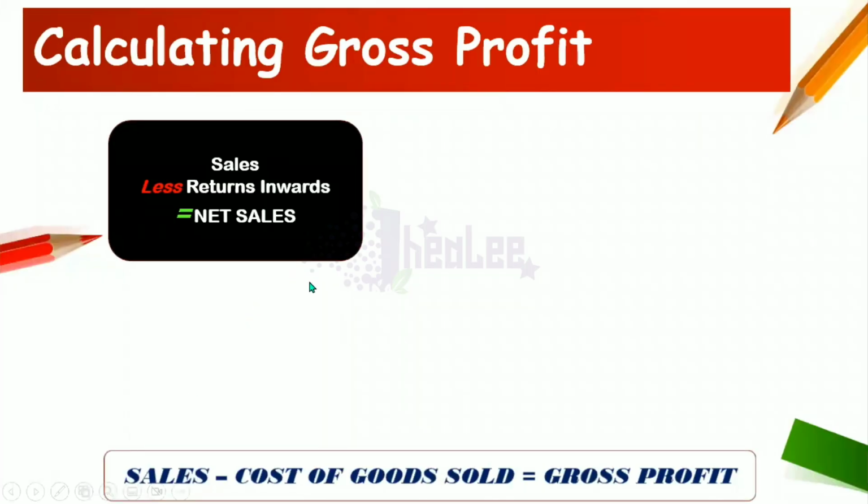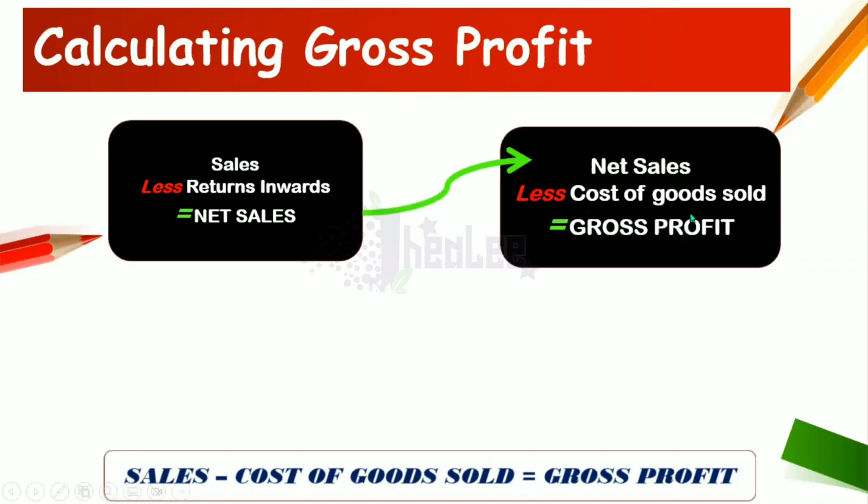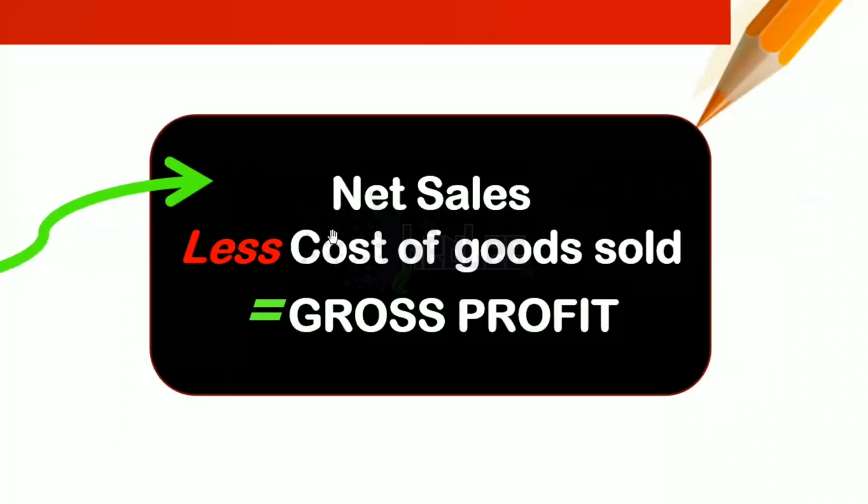Now, having calculated your net sales, we move into subtracting our cost of goods sold from that to get your gross profit. So I'm breaking it down. Once you get net sales, it is net sales less cost of goods sold. And remember, net sales is a result of having returns inwards. So if there's no returns inwards, there is no net sales. Net sales less cost of goods sold gives you gross profit.